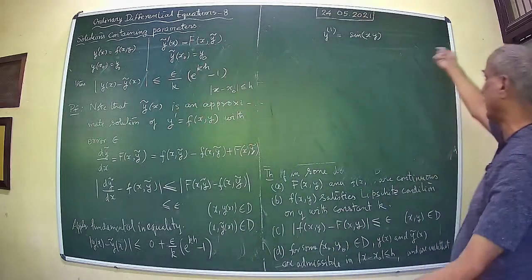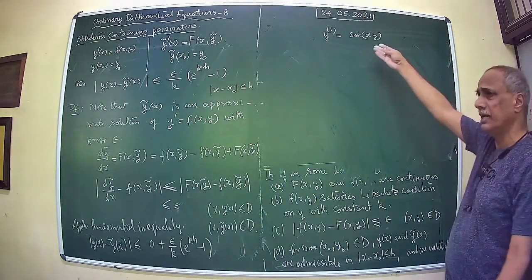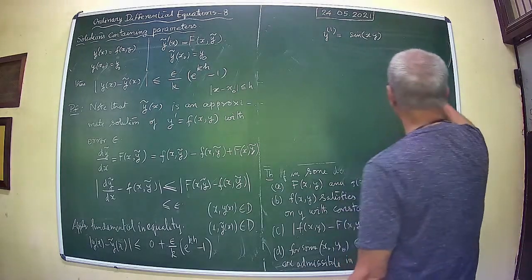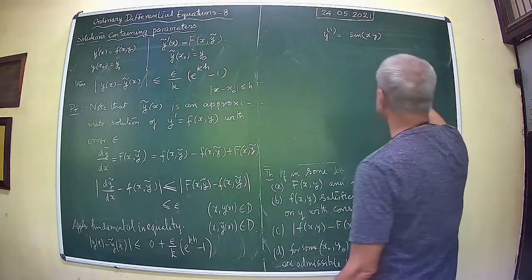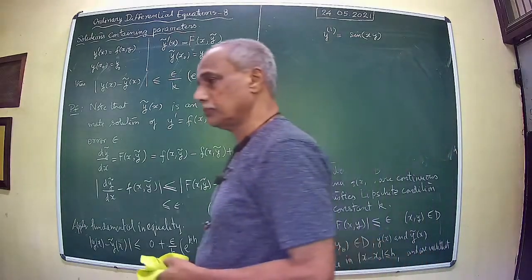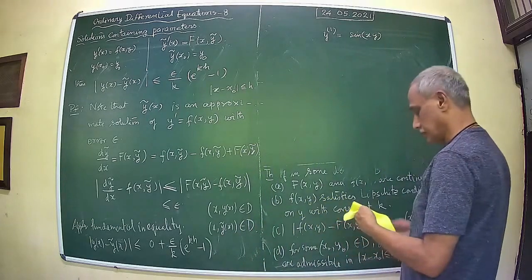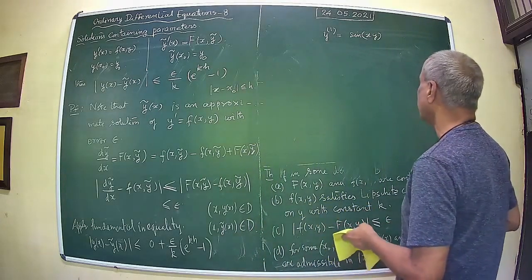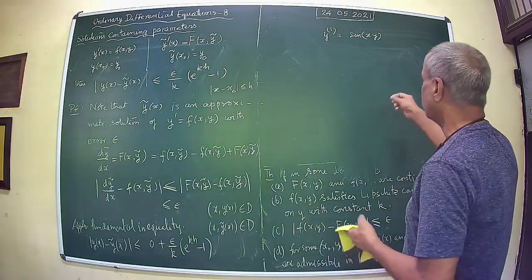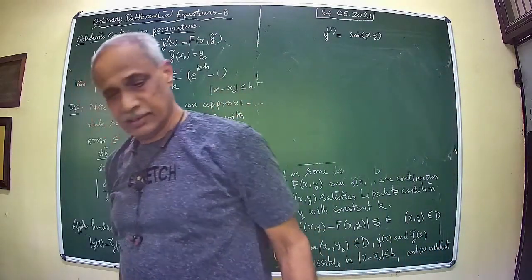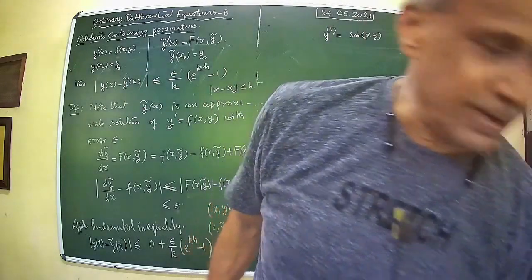Now you take some rectangle on which this is defined. This is a very nice function. You see that at least in the neighborhood of 0, 0, sin xy is approximately equal to xy.